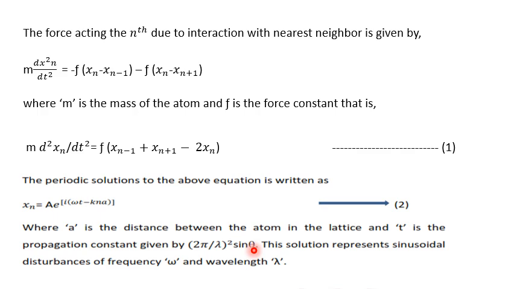Okay, xn is equal to a e power i omega t minus kna, this is the main equation. When this amplitude change takes place, it represents a sinusoidal disturbance with angular frequency omega and wavelength lambda.